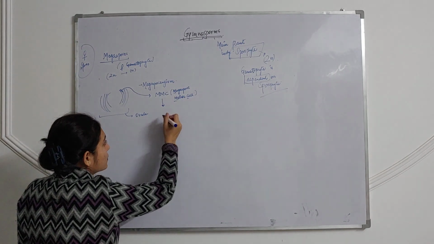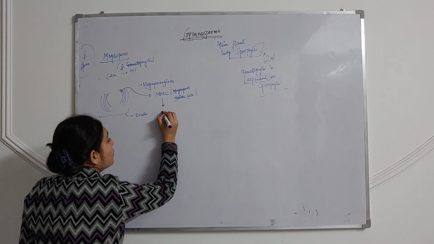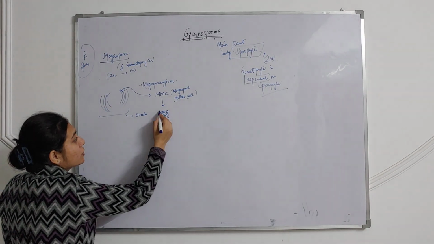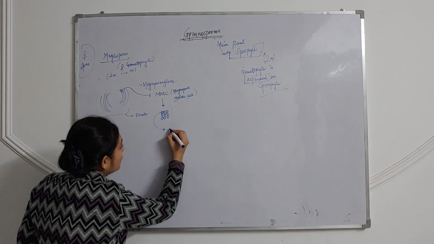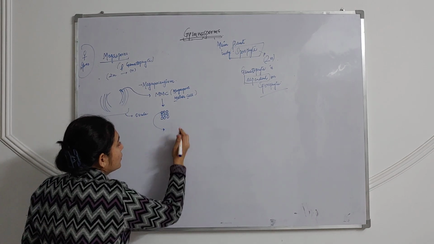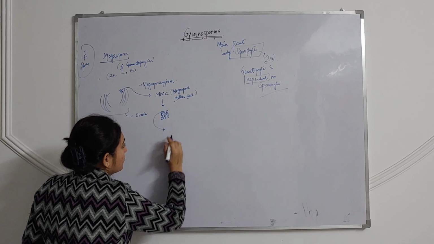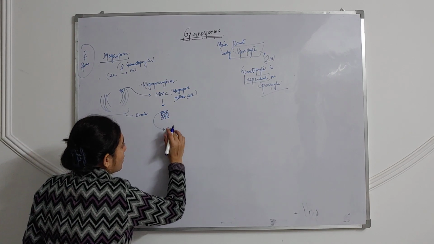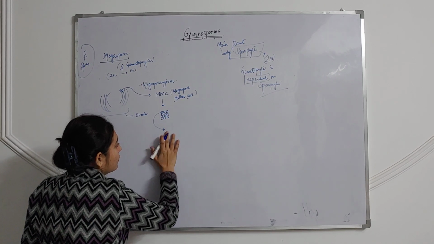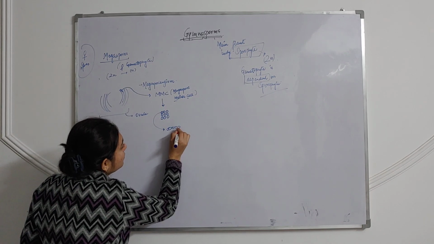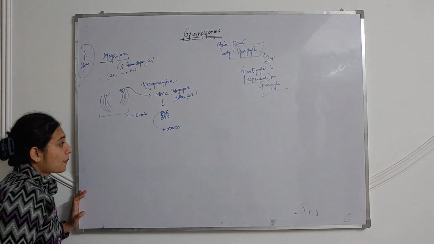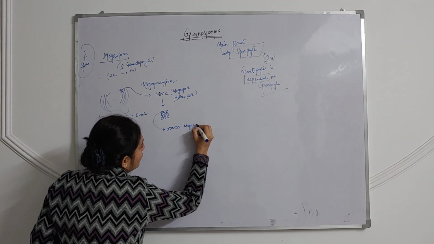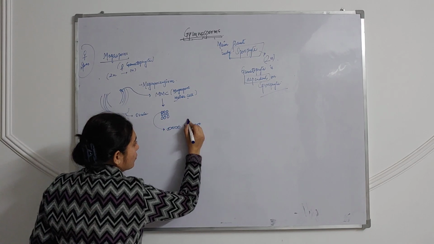So we call it the megaspore mother cell, and it produces different kinds of cells, or spores, in which one cell is functional. It divides and differentiates and forms the functional megaspore.